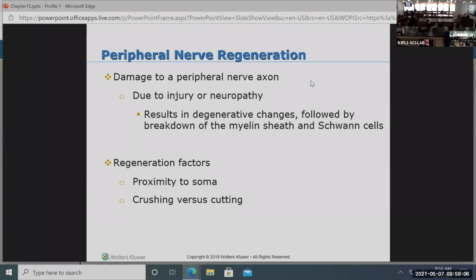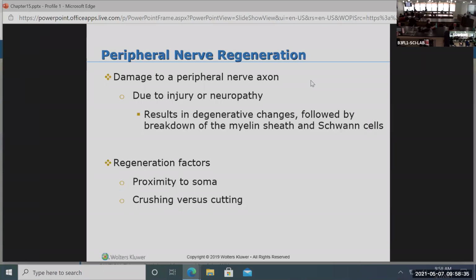Now, proximity: if a nerve axon is damaged close to the soma, there is no chance of regeneration. Is it clear? If the axons are damaged close to the cell body or soma, there is no chance of regeneration.